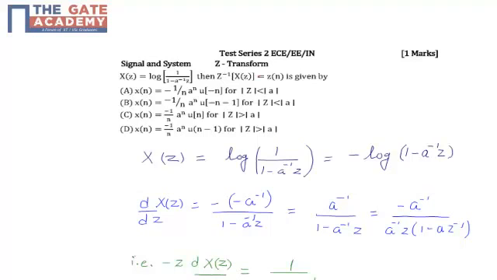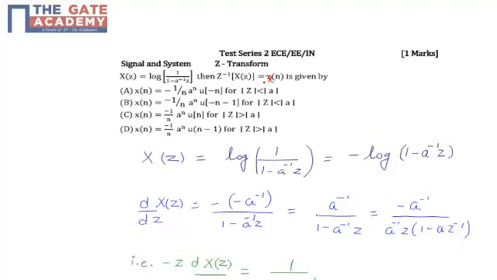Option A is x of n equal to minus 1 by n times a raised to n u of minus n for mod of z less than mod of a. Option B is x of n equal to minus 1 by n times a raised to n u of minus n minus 1 for mod of z less than mod of a.